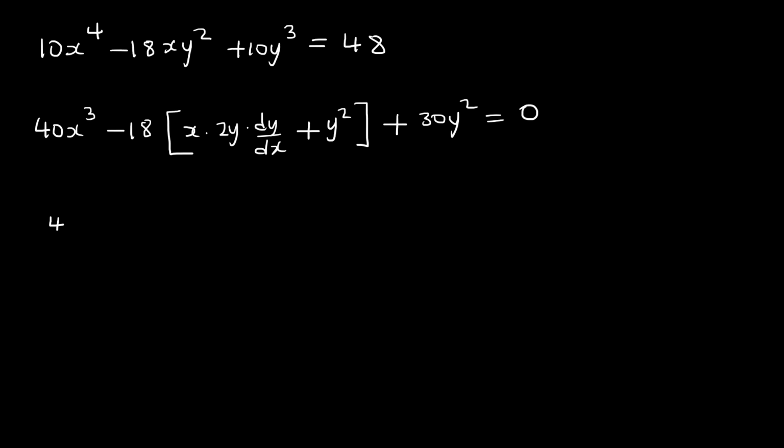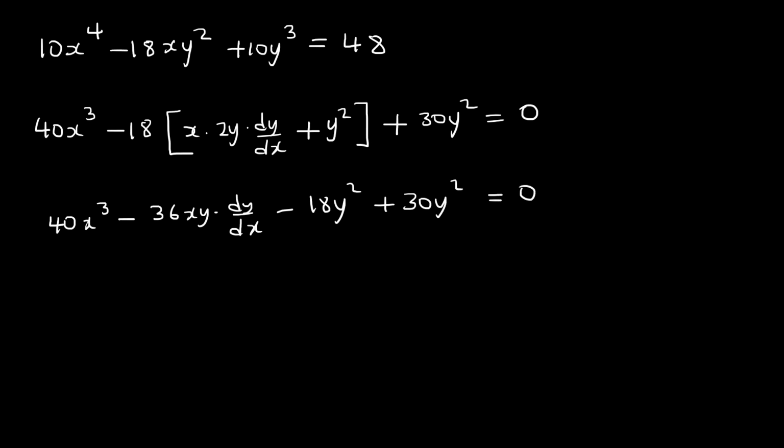I have 40x cubed minus this 18 and this 2, it will be 36xy dy/dx minus 18y squared plus 30y squared equals 0. So you can see negative 18 and 30 will give us positive 12.